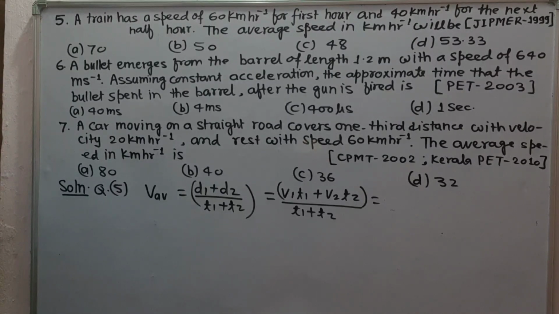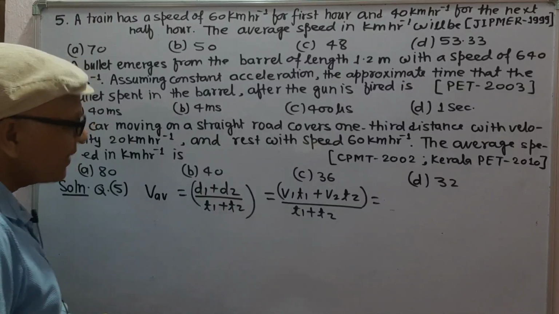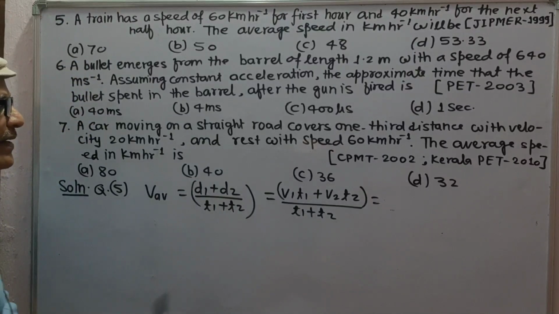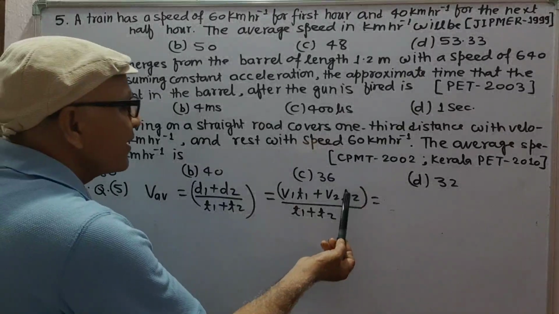Now question number 5 is: a train has a speed of 60 km per hour for the first hour and 40 km per hour for the next half hour. The average speed in km per hour will be. These are the options. Now solution to question 5. V average will be equal to d1 plus d2 upon t1 plus t2. d1 will be equal to v1 t1 and d2 will be equal to v2 t2.